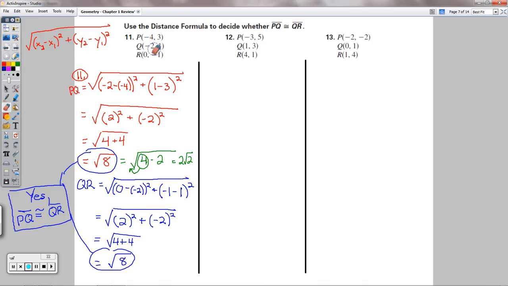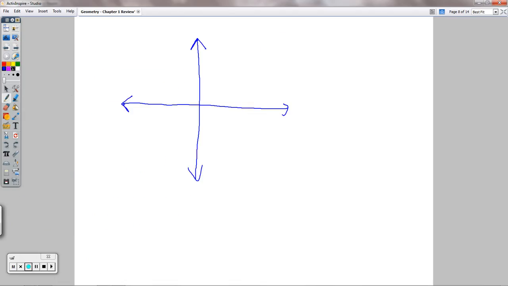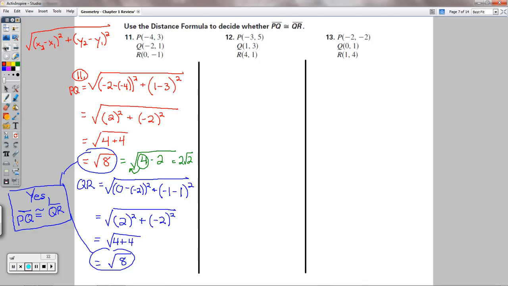So I'm going to plot these 3 points. -4, 3 is P. So let's go 1, 2, 3, 4, 5 in each direction. Trying to make my scale as nice as possible with a freehand sketch at least. And so -4, 3 I believe it was.